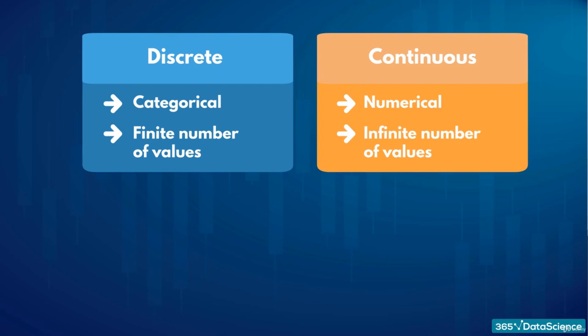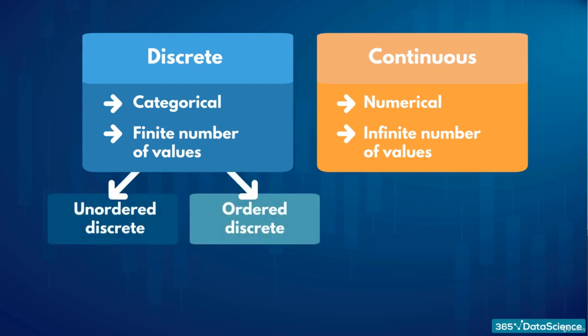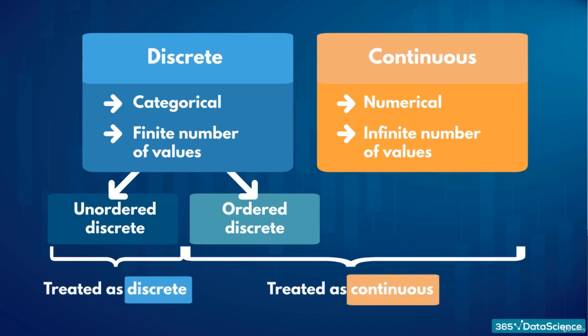To complicate our task even more, some variables take discrete values but can be treated as continuous variables. In our dataset, the number of credit inquiries in the last 6 months is an example of such variable. The number of inquiries itself is discrete, as it can take on values like 0, 1, 2, 3, and so on up to 20, 30, or even more.